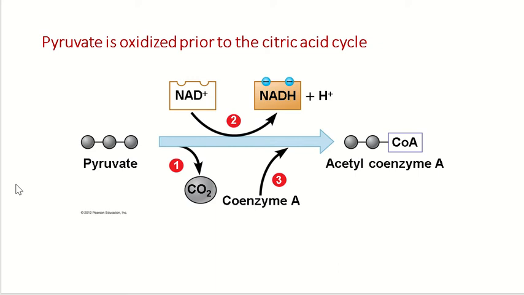This figure illustrates to us the link between glycolysis and the citric acid cycle, divided into three major steps. So for the first step, we have decarboxylation. As the name suggests, a carboxyl group is removed and will be given off as carbon dioxide.